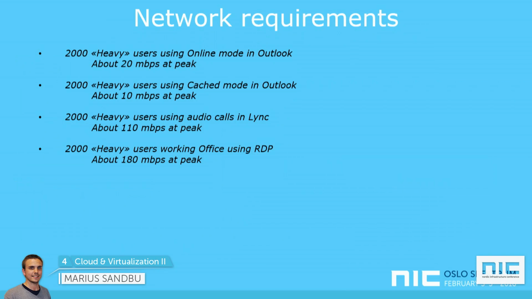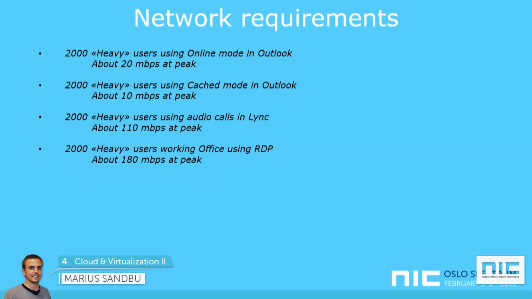Now, in terms of network requirements, these are just numbers that I've calculated based upon the bandwidth calculators that Microsoft has for Lync, Exchange, and so on. So let's say we have about 2,000 heavy users using Outlook in online mode. So the Outlook client is talking directly to Office 365. At peak, it would generate about 20 megabytes per second of traffic.